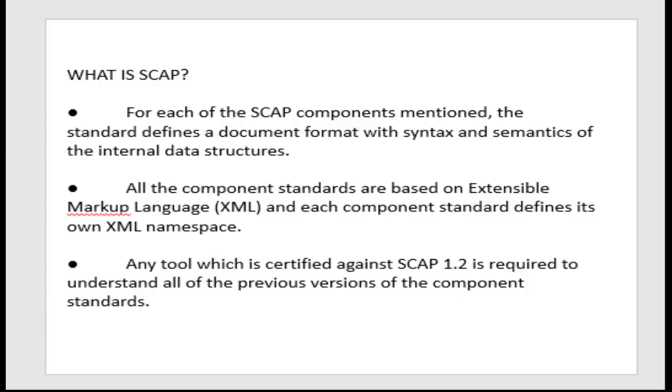All the component standards are based on XML, and each component standard is defined in an XML namespace called SCAP. Any tool which is certified against SCAP 1.2 is required to understand all the previous versions of the component standards.